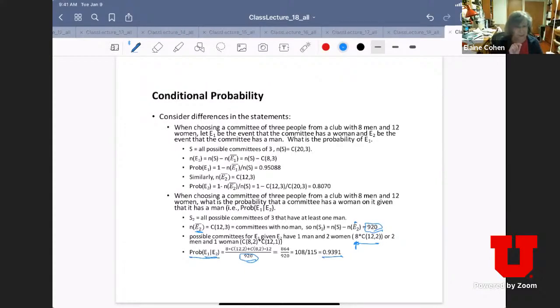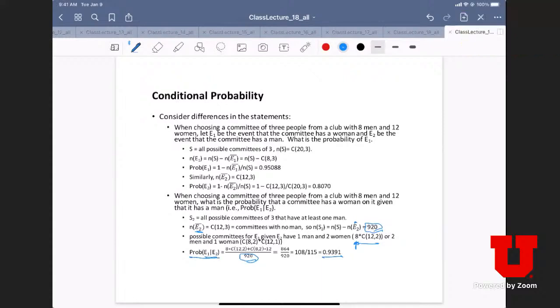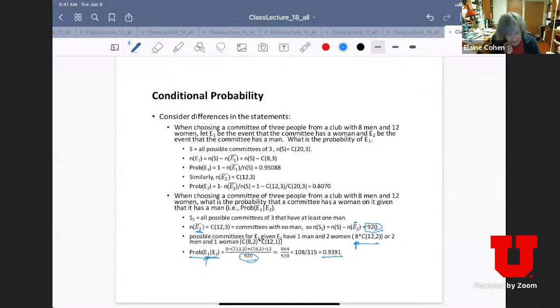That's in the sample space S2. Okay. I'm looking at the probability that there's at least 1 woman given that there's a man. So that's why my probability isn't 1, because I have to exclude the case where it's all men. Okay.